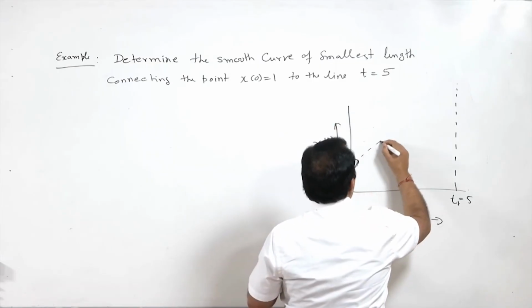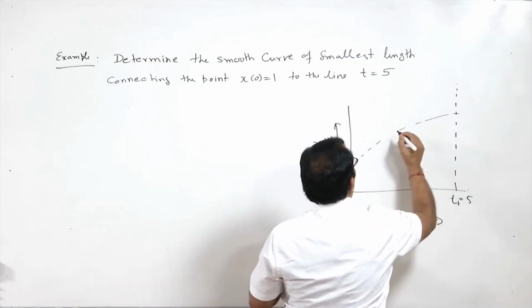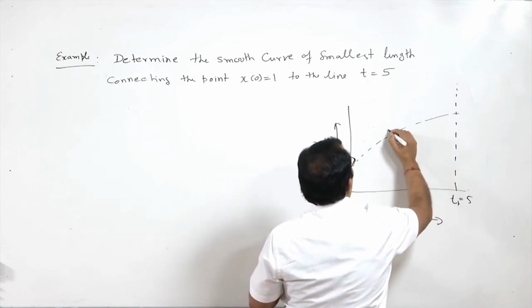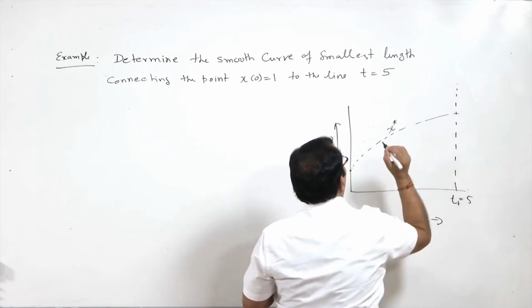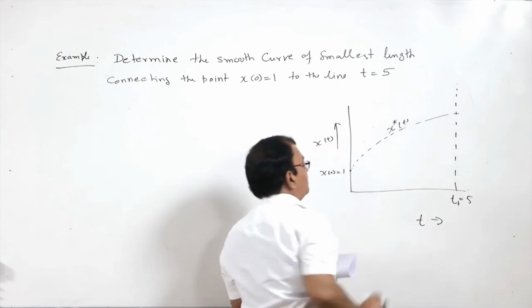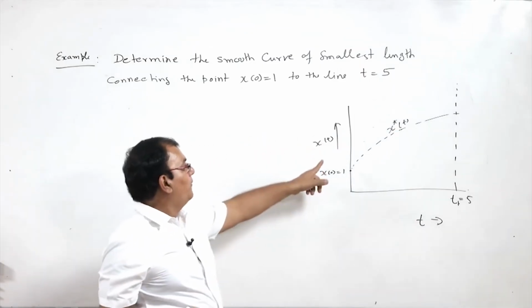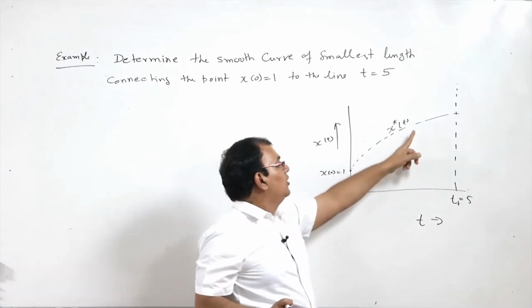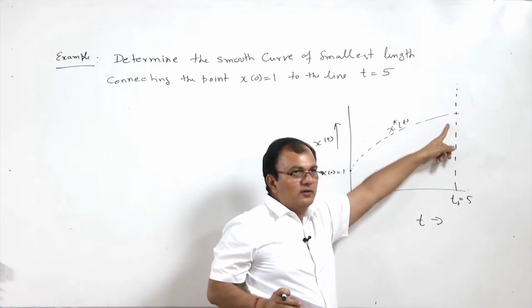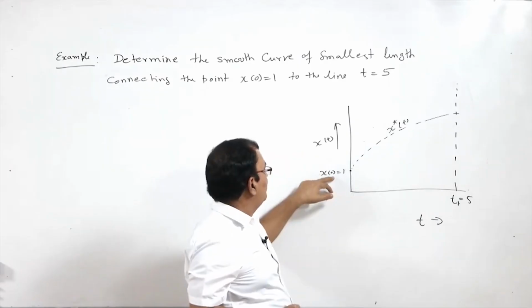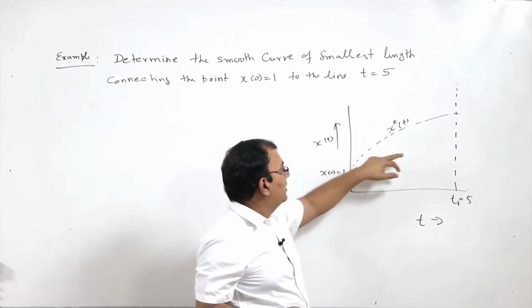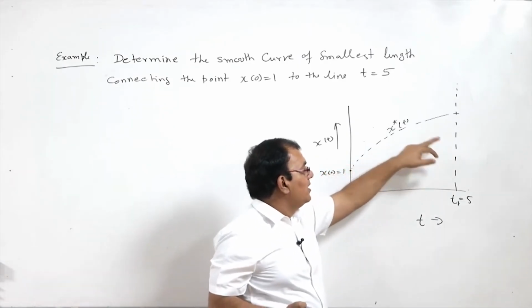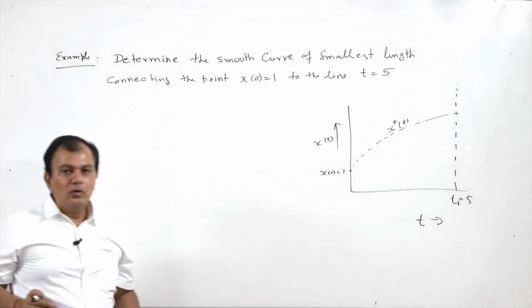This point can terminate here, and let this be my optimal x star of t. If it is terminating here, my objective is to find the shortest distance so that x0 equal to 1 reaches the line Tf equal to 5.